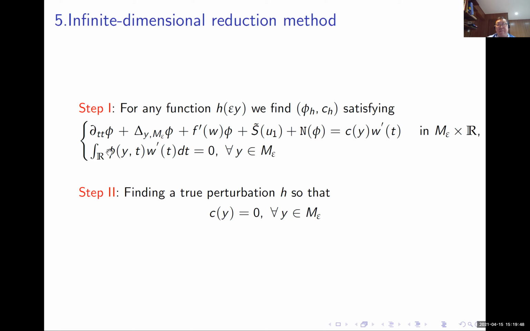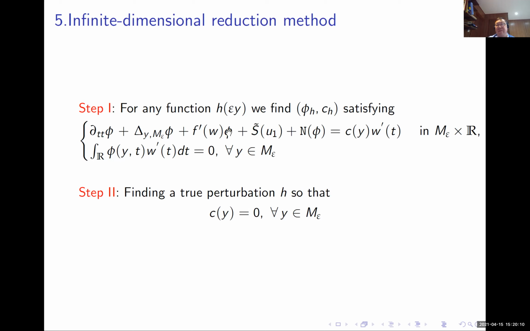But then we impose this orthogonality condition at every point. At every point on the surface, on this manifold, we impose one orthogonality condition.